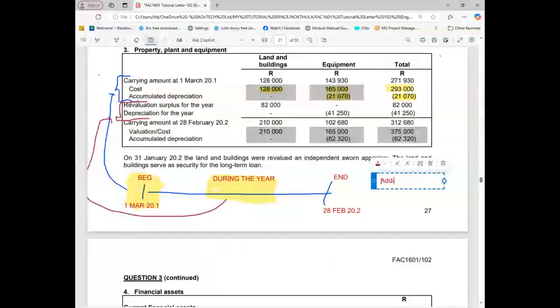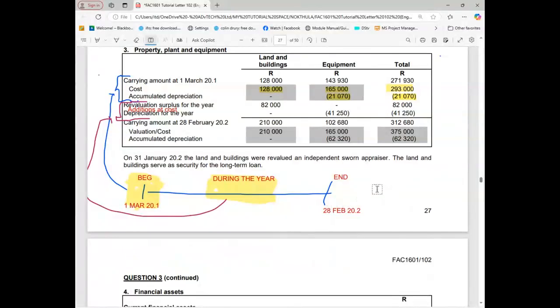You will record whatever the equipment or land and building that you bought, because they will tell you which asset you bought during the period. Maybe somewhere you squeeze it here if you have it, but you don't have it. I'm just saying in future. I get you.